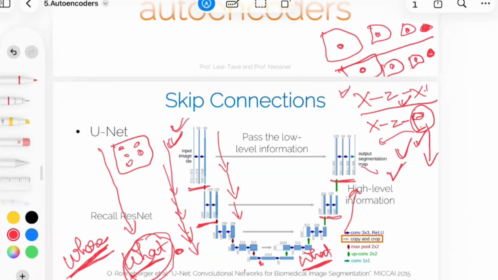Since I know that the decoder has got the what information in a proper manner, it knows that it has to reconstruct this thing, but it does not know how they are spatially connected, because that information has been lost.